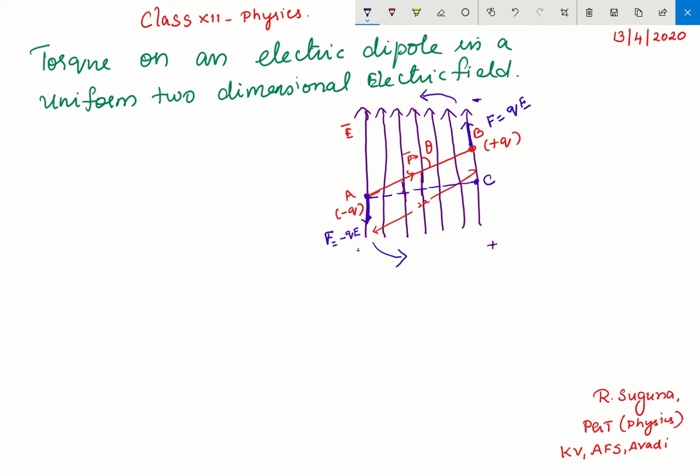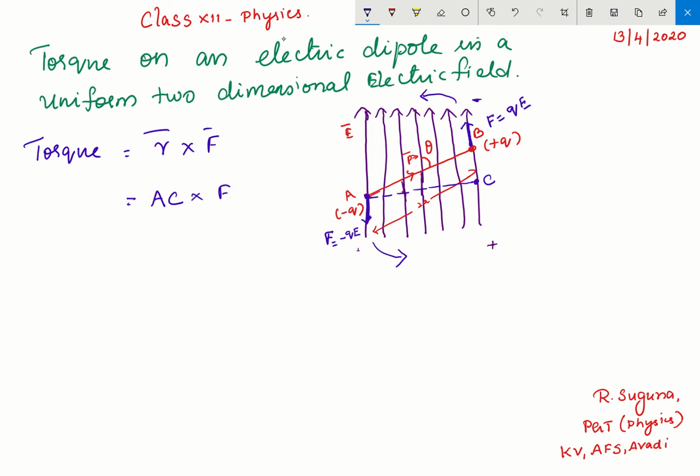Okay, therefore, now what is the torque? I think you know, torque is equal to R cross F. What is R? R is the perpendicular distance between the two forces. That is nothing but the arm of this couple, right? What is R here? Perpendicular distance AC, into F.